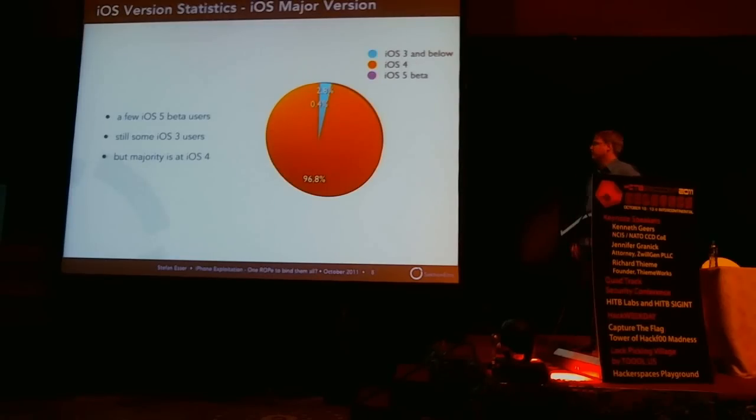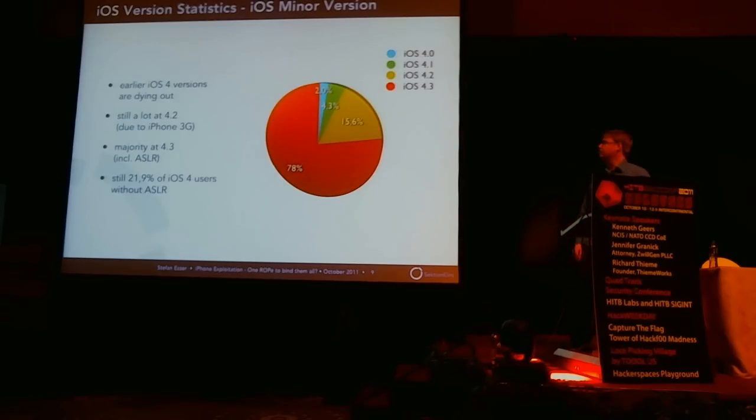When we look at what kind of major version is used, you will see that there are very few iOS 5 beta users at the time, and a little bit of users for iOS 3 and below. The majority, 96.8%, is running iOS 4.